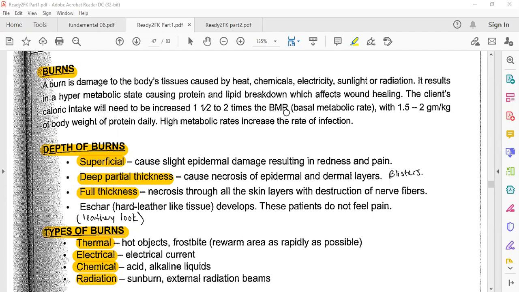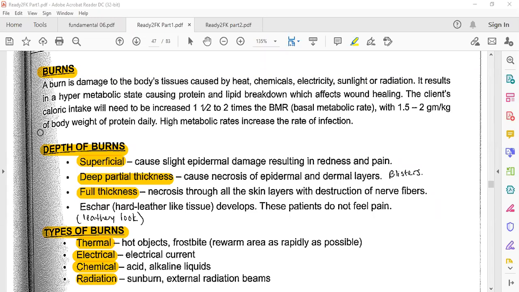Because of burn injuries, the patient loses protein and lipid breakdown occurs, so we have to increase the calorie intake at least 1.5 to 2 times more than the normal basal metabolic rate. A high metabolic rate increases the risk of infection. Why a high metabolic rate? Because of burn injuries.